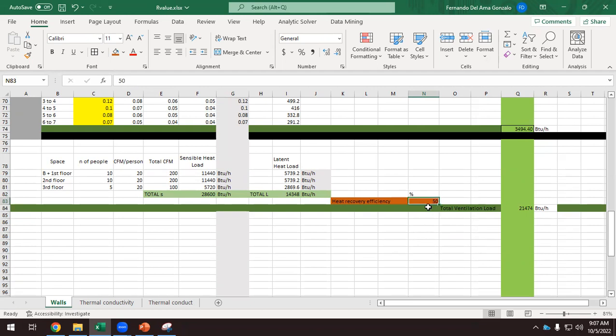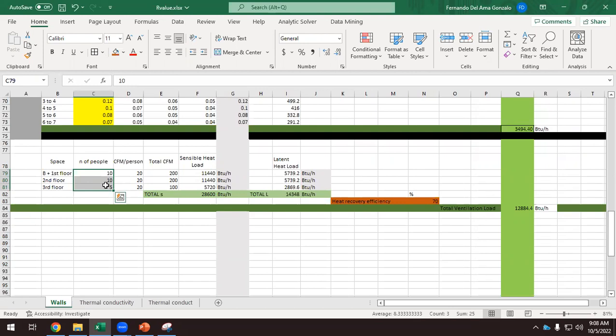So what's the goal? We have to increase as much as possible the efficiency of this heat recovery, and that's all we can do. Okay, so there's nothing we can do, because the other thing is to get rid of people. But we can't do that. If we need 30 students in this classroom, we need 30 students in this classroom. Okay, we need 50 people in the computer lab.